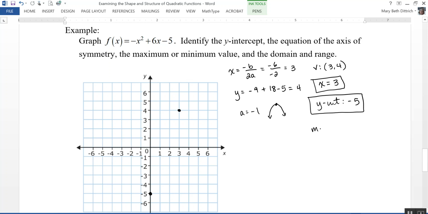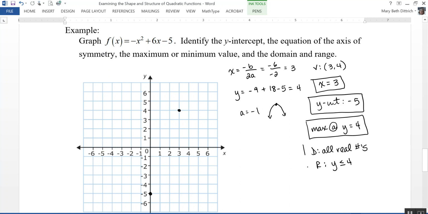So I'm going to have a maximum value at whatever the y-coordinate of the vertex is. y is equal to 4. That's my maximum value. I know that my domain is going to be all real numbers. And my range, since this is going to open downward, is going to be y is less than or equal to the y-coordinate of the vertex, which is 4.